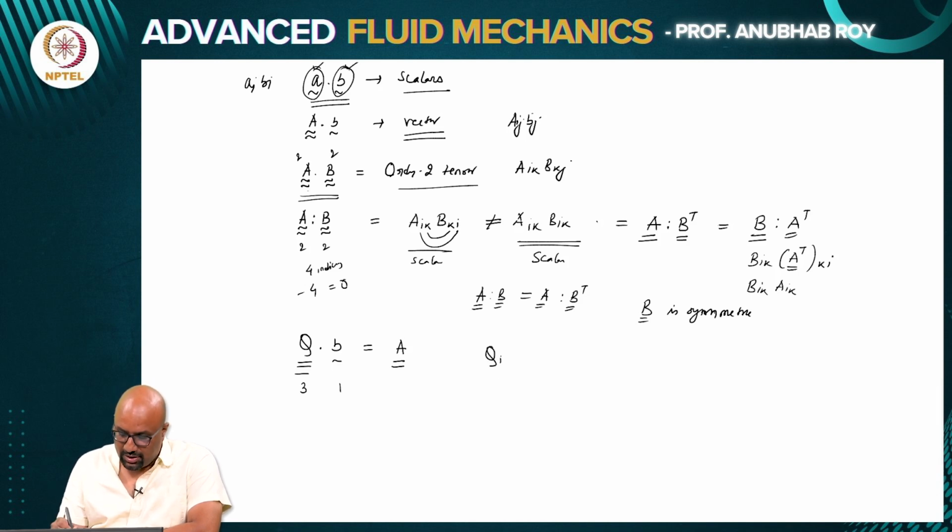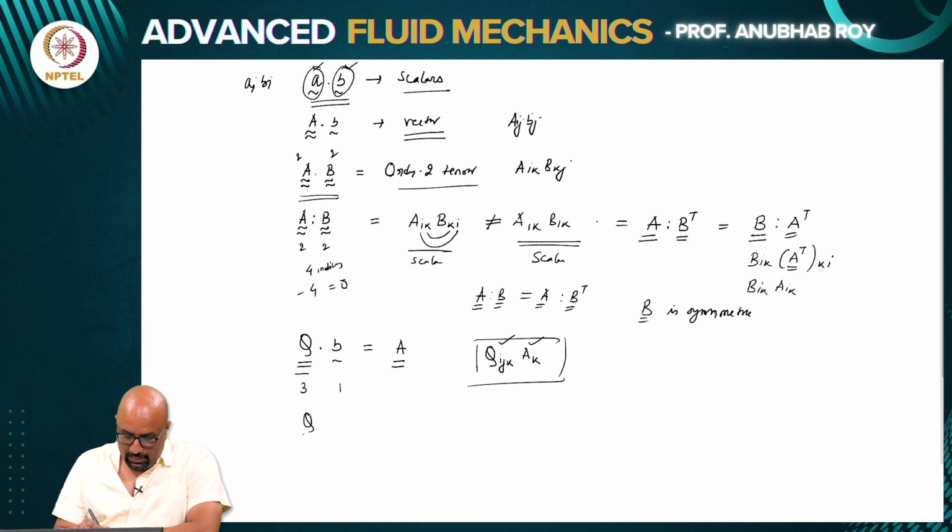Written in notation, this is Q_ijk A_k. So, this is a dot product occurring between a higher order tensor, which is order 3, and the vector.